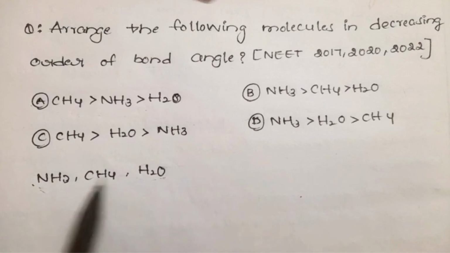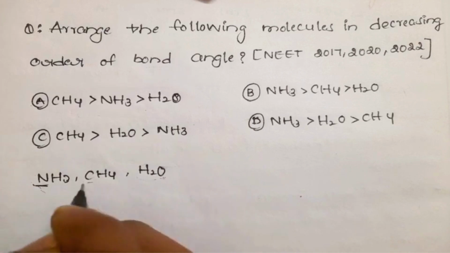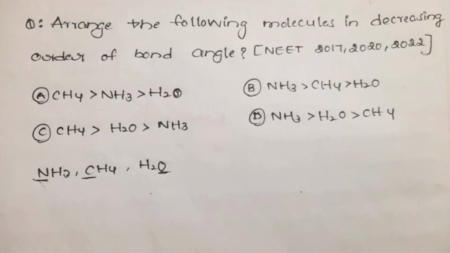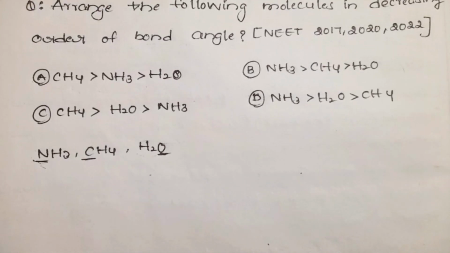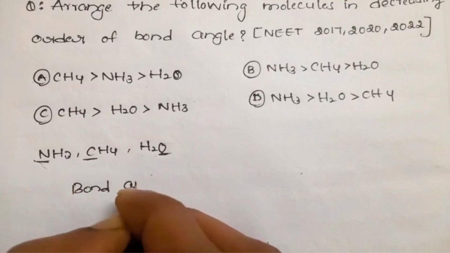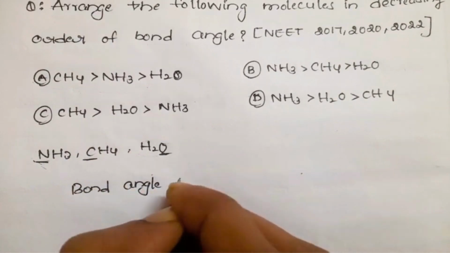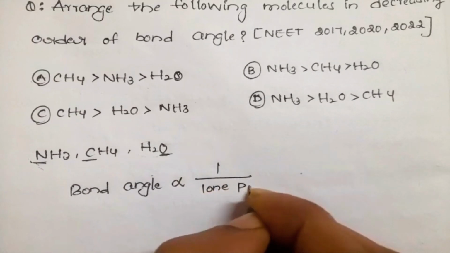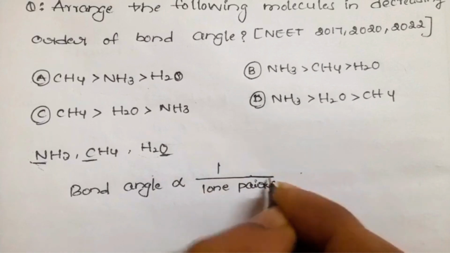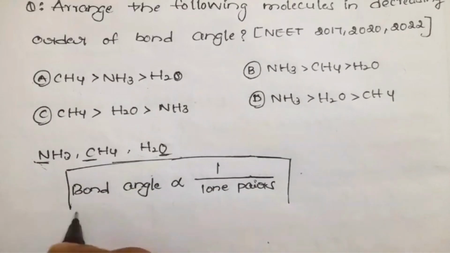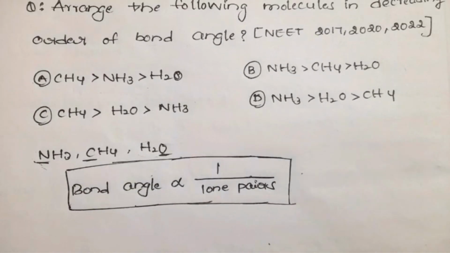Remember this point, number of lone pairs around the central atom. Now the relation between lone pairs and the bond angle is, the bond angle is inversely proportional to the number of lone pairs. So higher the bond angle, smaller the lone pairs.